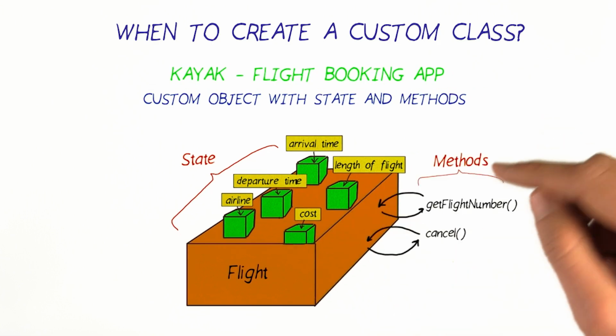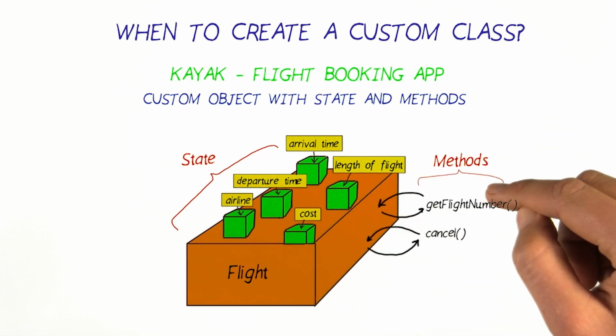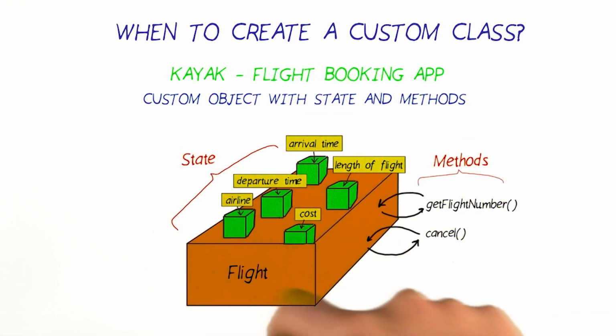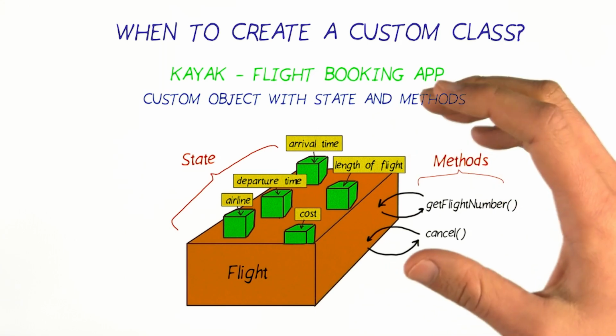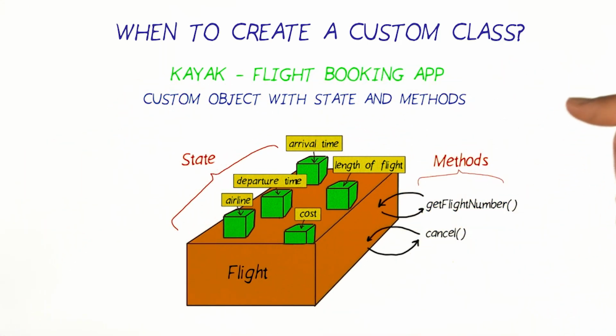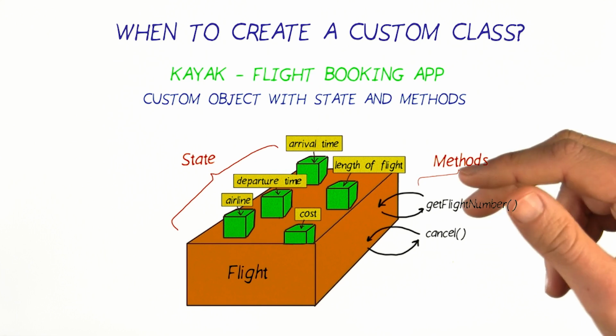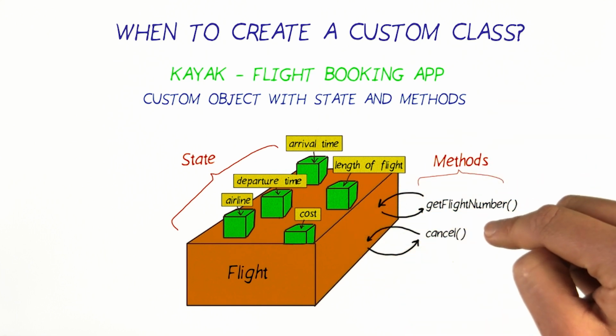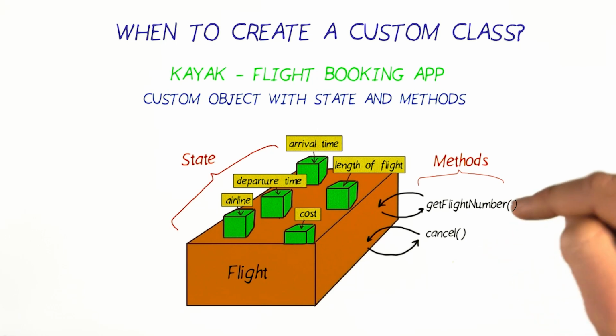Now we can also add methods to this class, and other parts of the app can call on these methods. All this together is called encapsulation, because all the logic is being encapsulated or combined into this class. Other parts of the travel app can know that a flight object exists and that it's possible to call these methods, such as cancel, on that object.